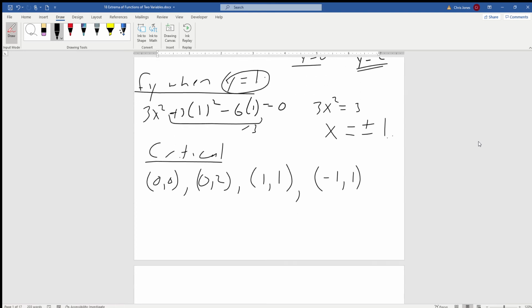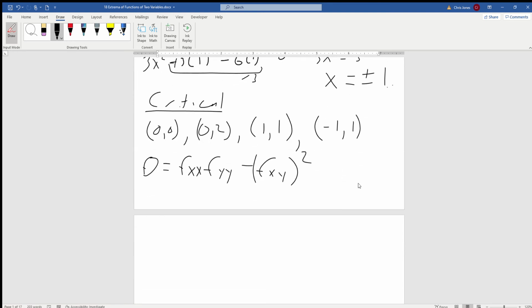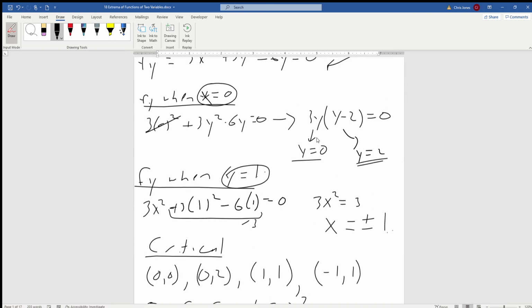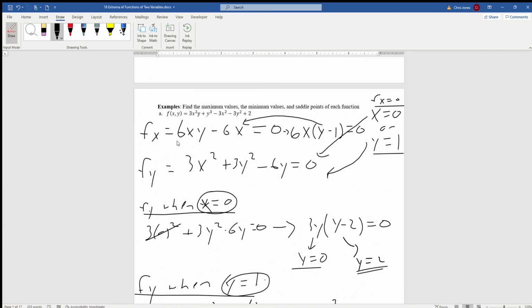Well, remember we have to find our formula for D. And remember, D is equal to fxx times fyy minus fxy quantity squared. So let's find fxx, let's find fyy, let's find fxy, and then find a formula for D. Now, fxx, we already have the first partial, so we're just going to take this derivative with respect to x, so that's going to be 6y minus 6.